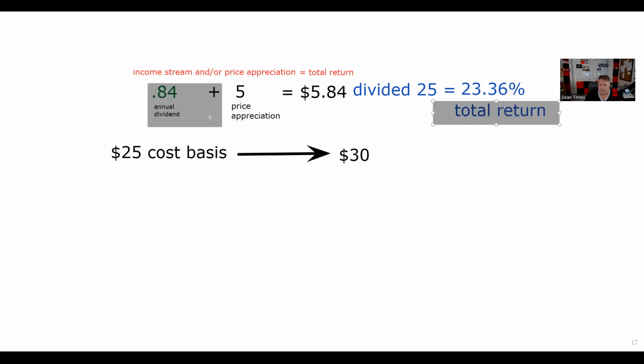I get a nice dividend, and I'm hoping the stock will also go up. It's not as exciting as a growth stock, but not as risky as some other investments. Any question on that one?